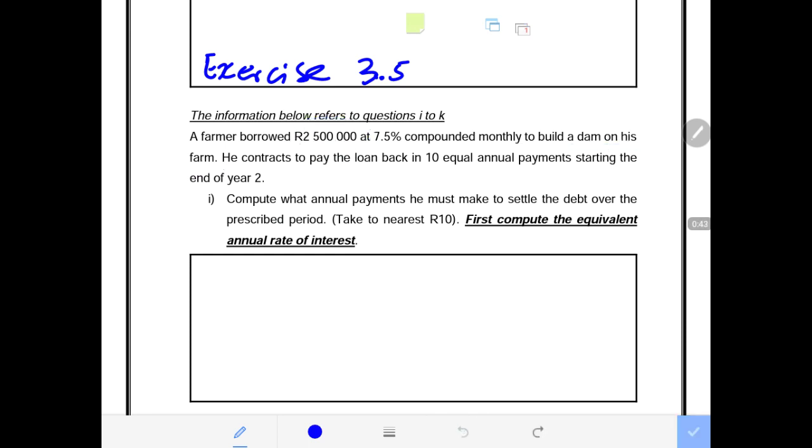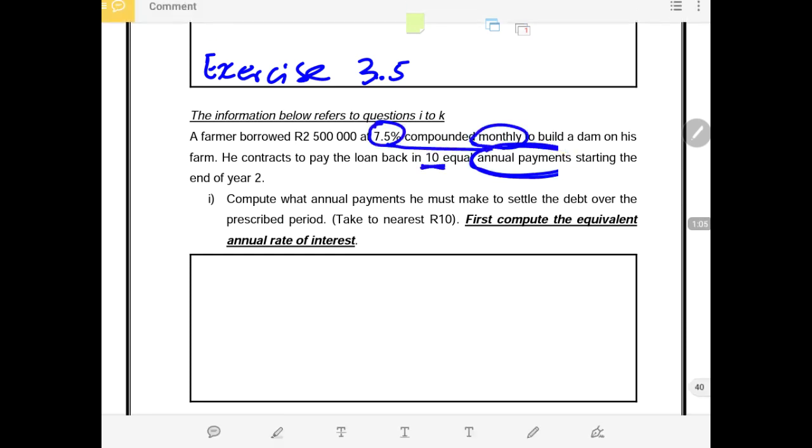Then it says he agrees to pay the loan back in 10 equal annual payments starting at the end of year 2. If you look, the interest is compounded monthly, but he wants to make annual payments, meaning this interest must be converted into an annual equivalent.